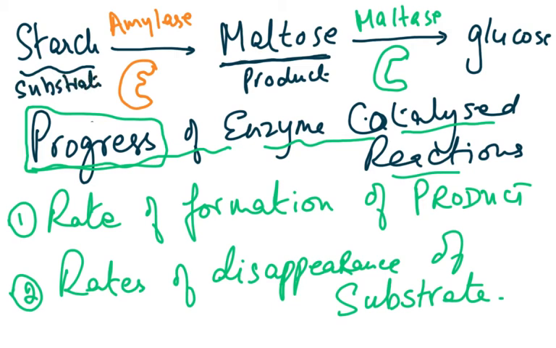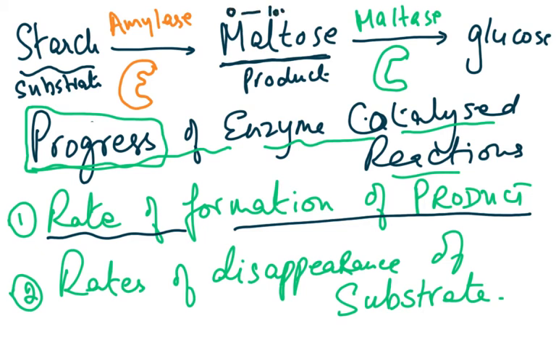The first method is the rate of formation of product. If we can study, okay, the maltose was 0 and then in 5 minutes it is 100, then in another 5 minutes it is 1000 and it stays 1000, which means all the starch has been converted to maltose. So one is the rate of formation of product.